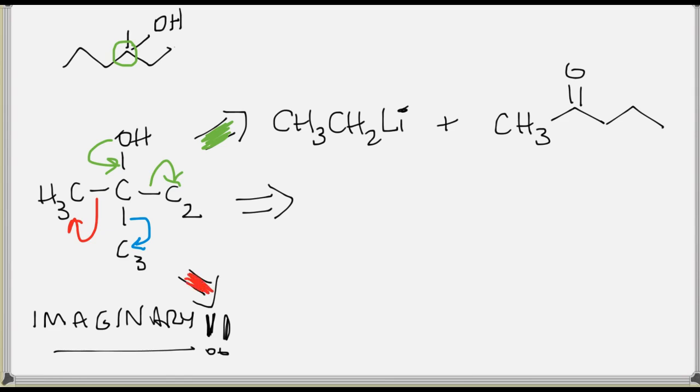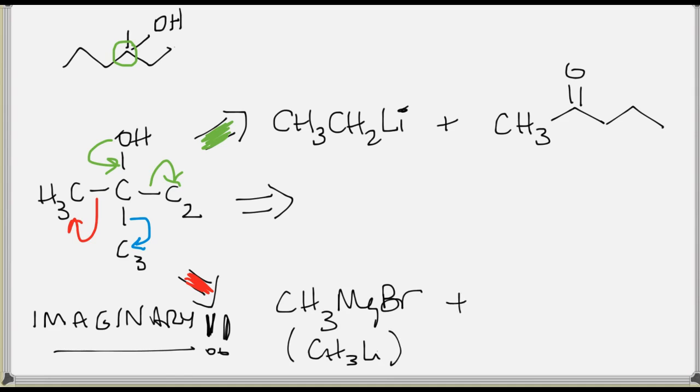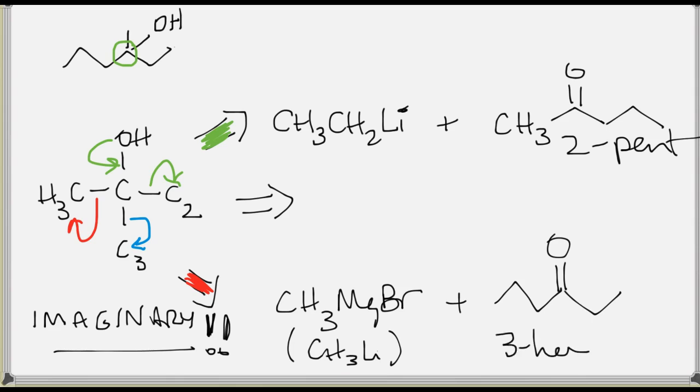If we do the red disconnection, that ends up being addition of this organometallic, or again the organolithium, to the C3C2 ketone. So I've got 2-pentanone, and I've got 3-hexanone.